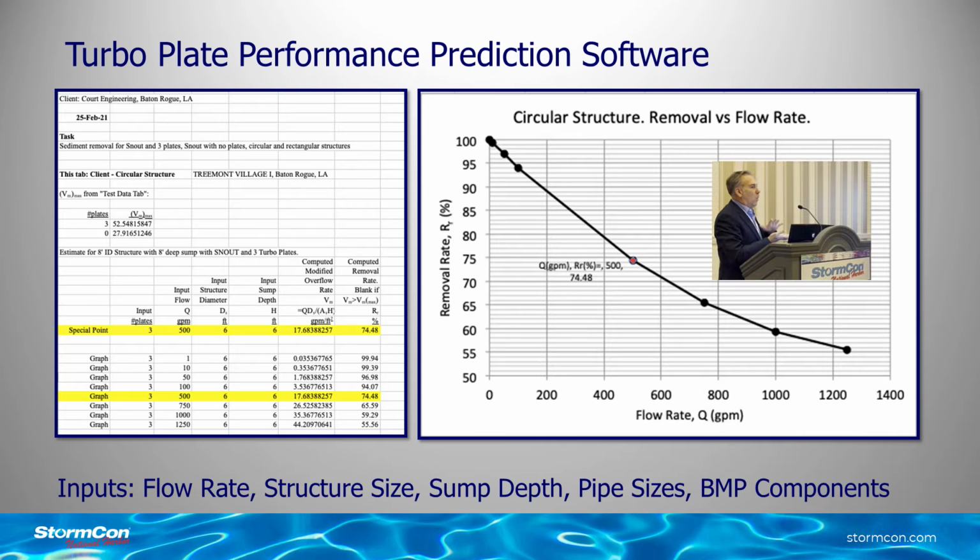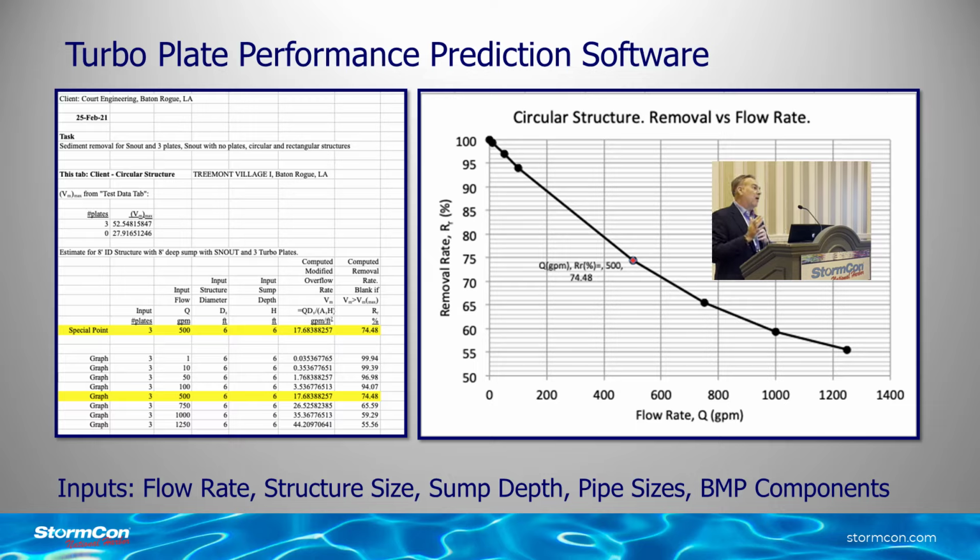Now, what we did is we correlated, and there were multiple tests at Alden that we did. So we dumped all of the data from Alden and our in-house testing into a gigantic spreadsheet. And we modeled, and we were able to establish a relationship using the modified overflow method for sediment reduction.